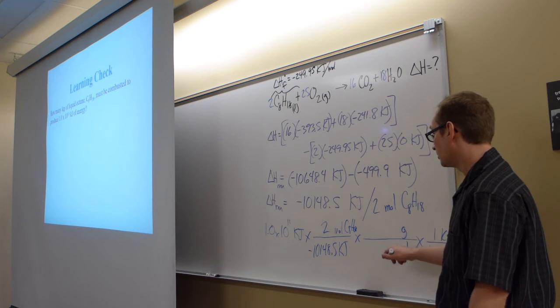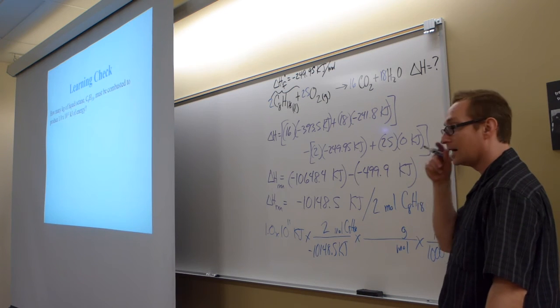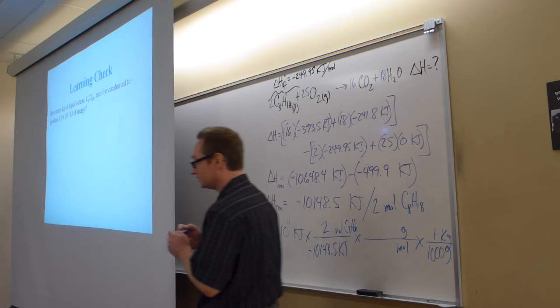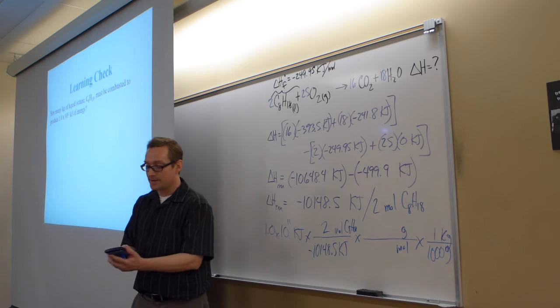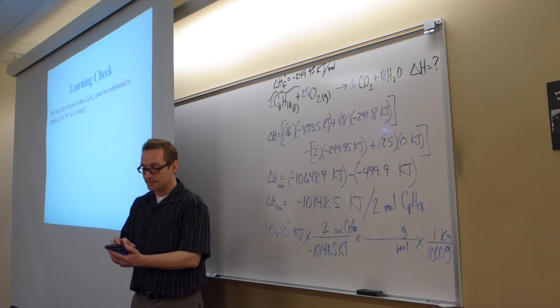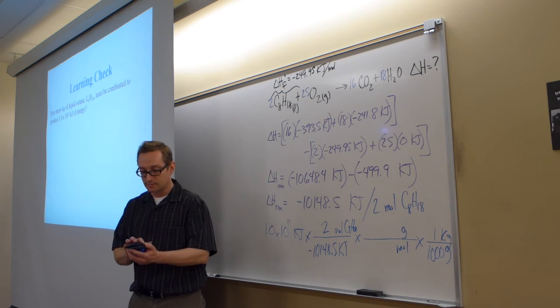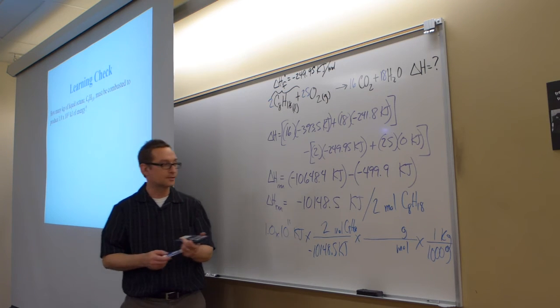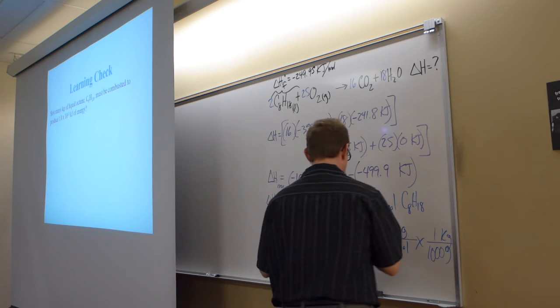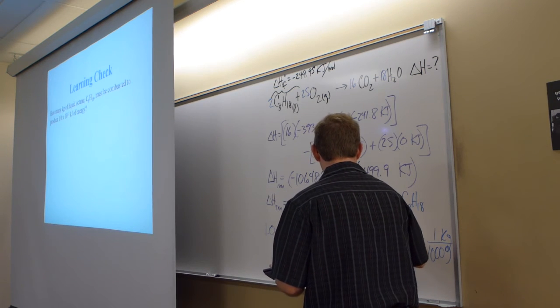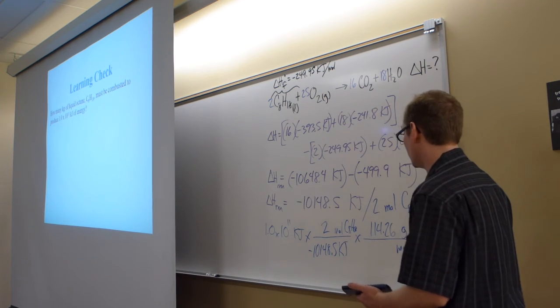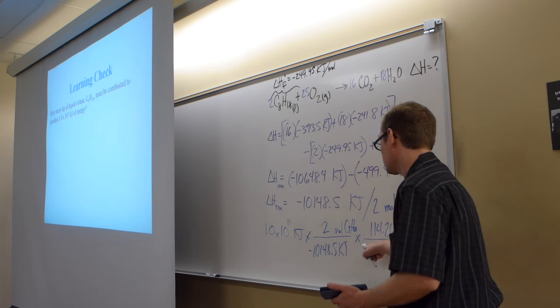And then the molar mass of octane is what? Because you memorized all these molar masses, right? After all this time. So you have 8 times 12.01 plus 18 times 1.01. So you get 114.26 grams per mole.